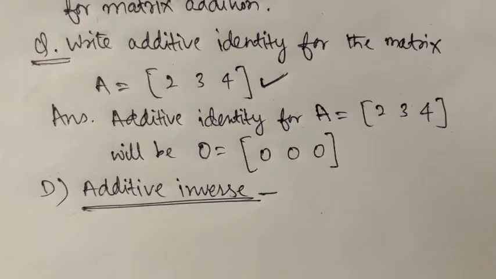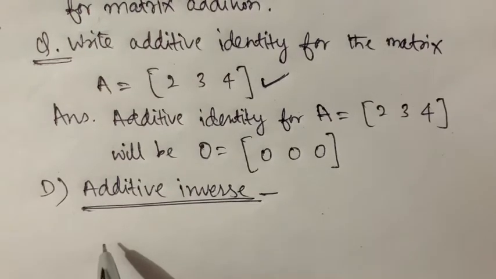Actually, by additive inverse we mean a matrix of the same order, so that when it is added with the given matrix, we get a null matrix. Why null matrix? We should get an identity matrix there, and the additive identity is a null matrix. So we have that in our definition.